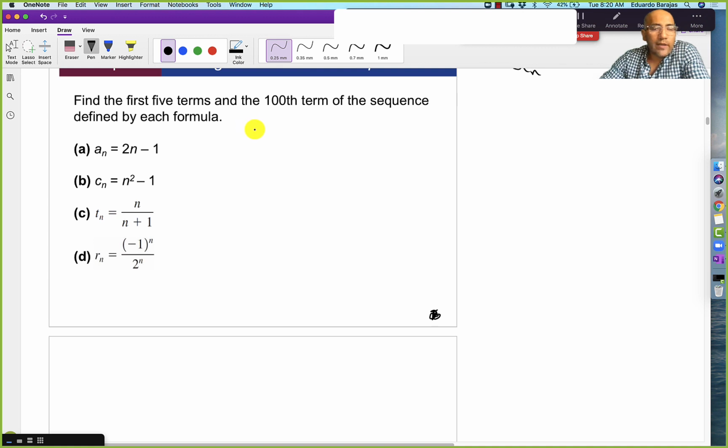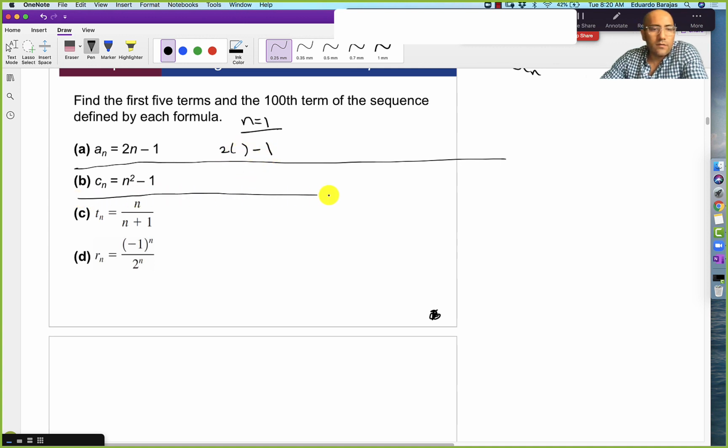So when n equals 1, this first one will lead to 2 times blank minus 1. Let's call this a sub 1. c sub 1 would be blank squared minus 1.